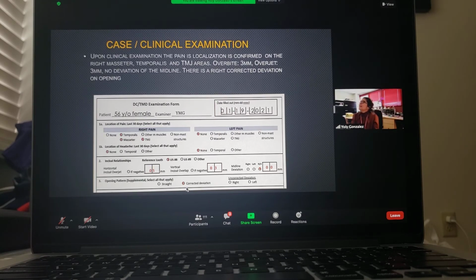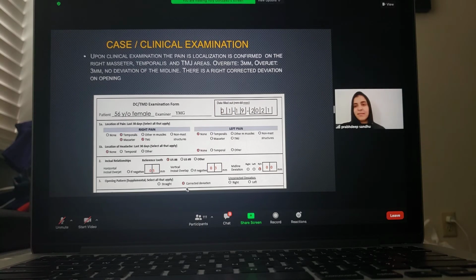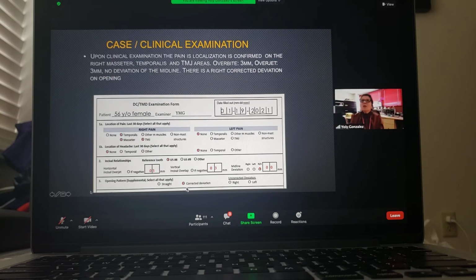So we will discuss imaging then, so I don't want to elaborate much, but for the diagnosis of arthralgia, you do not need imaging, as specified by the DC/TMD. Yeah, thank you. But keep tuned. Next week we will talk about imaging, okay? Excellent questions.